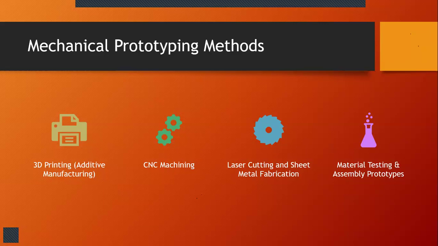I know that you guys are thinking about that. So I have mentioned some different prototyping mechanisms. One of the very, very popular mechanisms of building these mechanical prototypes is 3D printing.